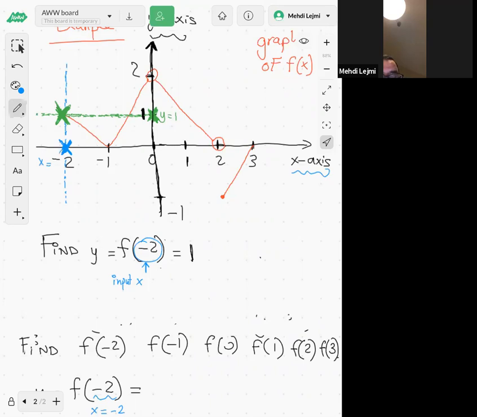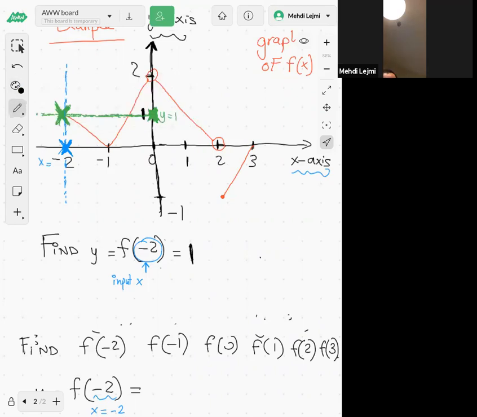I first draw this vertical line, which intersects the graph at exactly one point, this green point here. Now I have to draw this horizontal line and go to the y-axis, where the intersection represents the value y equal to 1. So that's why the answer is 1 here. f of -2 is 1.